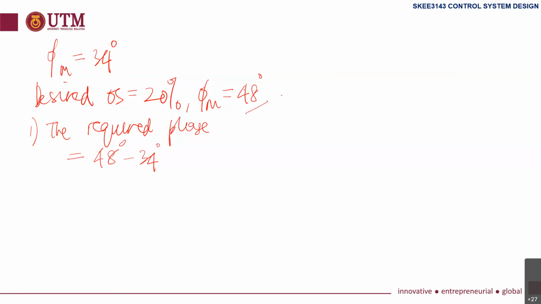We want this, we already have the original, then we need to add more. The one that we need to add is 48 minus 34. And usually we will also add 10 degrees or 5 degrees, it depends. We call this a correction factor.